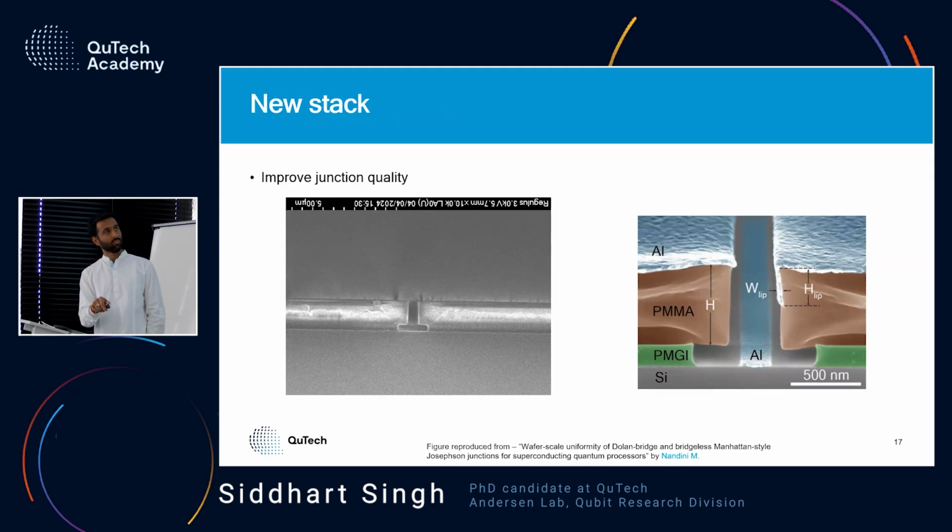What I did was a two-layer stack where I can deposit the aluminium like this with some clearance of the resist away from it, so that the resist after development does not come underneath the junction. And here is a SEM image of this resist stack, how it looks in a cross section. That is from Nandini's paper, which is cited here. And this is what we made.